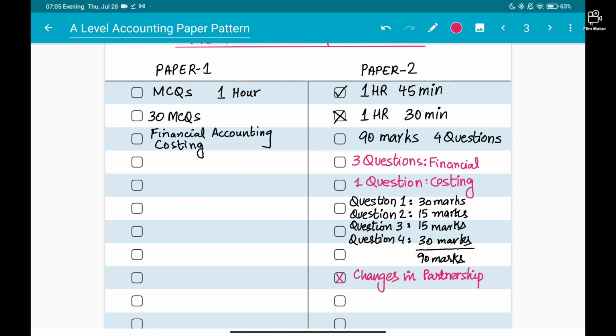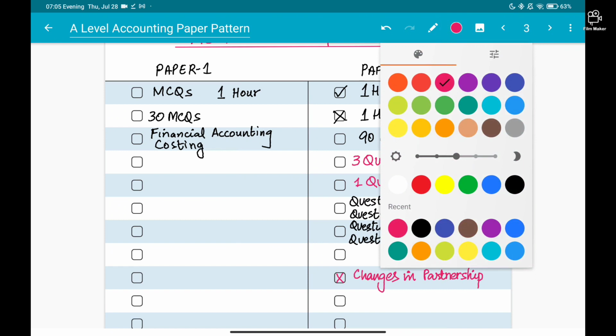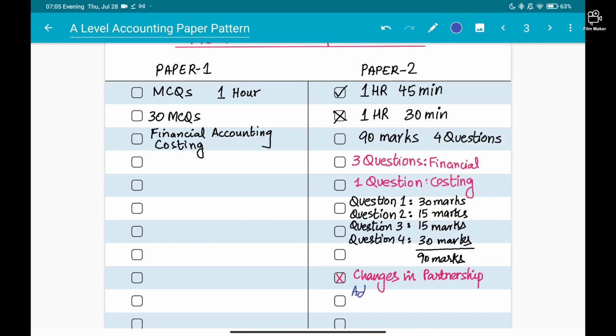Changes in partnership means admission and retirement of the partners, and the changes in profit sharing ratio at admission, retirement, and the dissolution of business, the partnership shutting down or closing down. All of this is transferred to A2 accounting, and this will not be tested at this level.